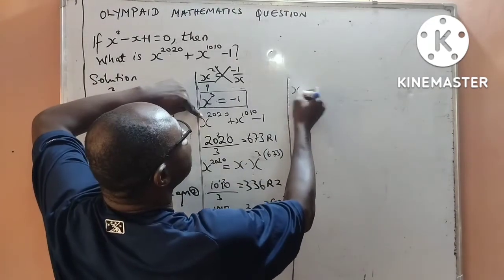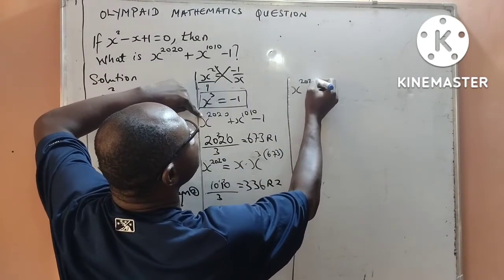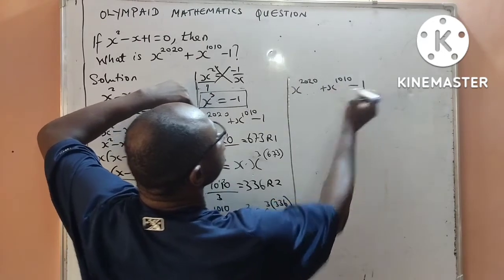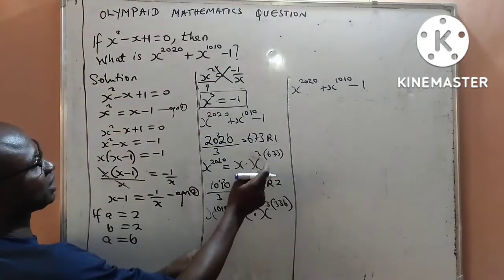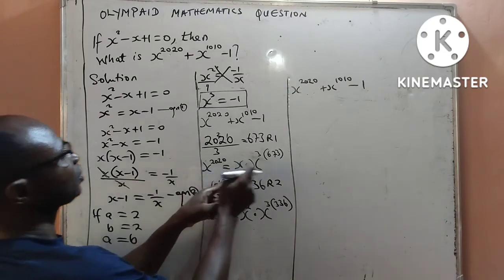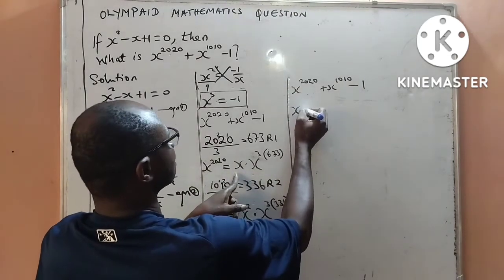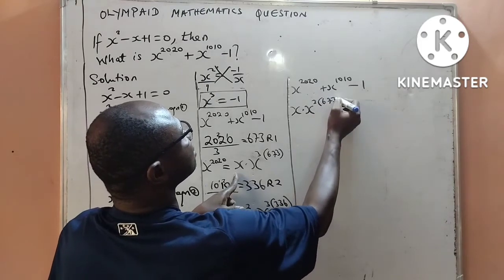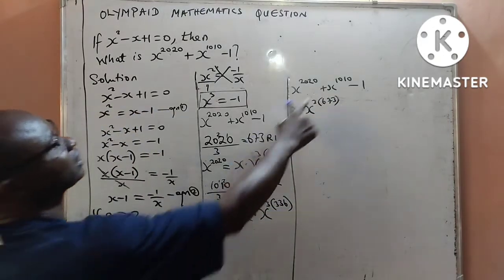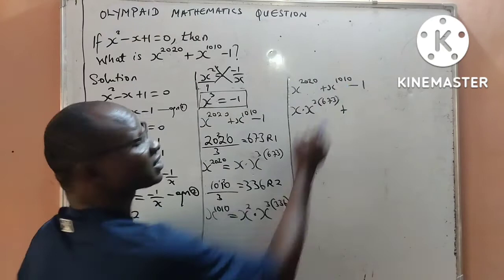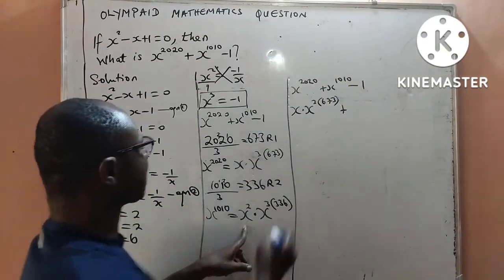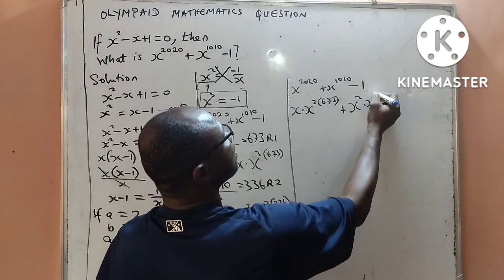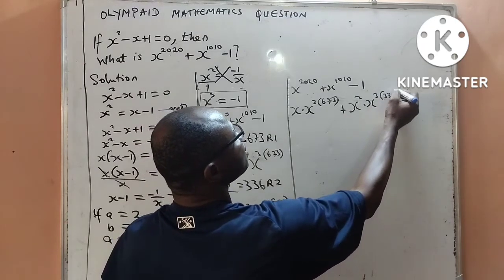Writing the equation x raised to power 2020 plus x raised to power 1010 minus 1. I will replace this with what I got here, which is x multiplied by x raised to power 3 multiplied by 673. Close the bracket. Then plus x raised to power 1010 will now be written as x raised to power 2 multiplied by x raised to power 3 into 336.